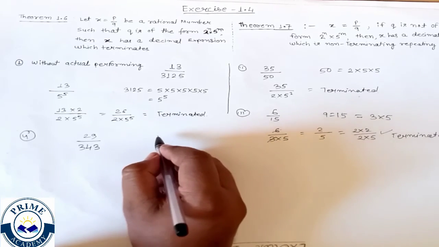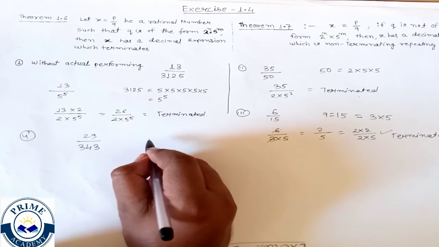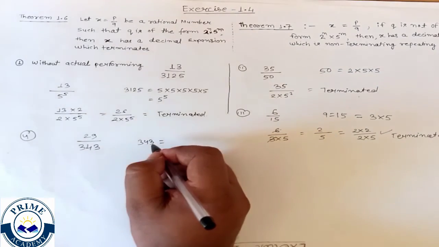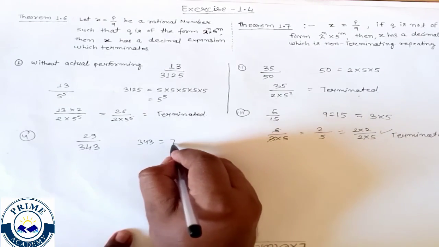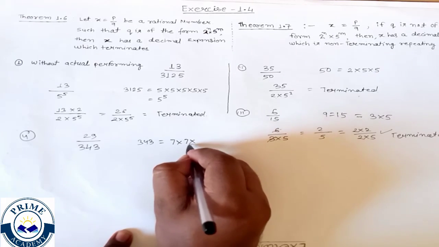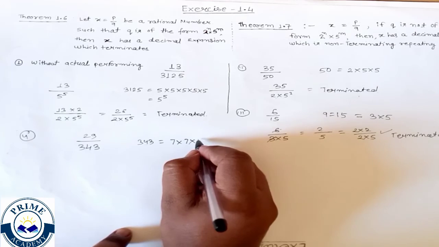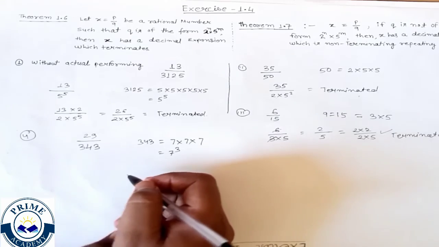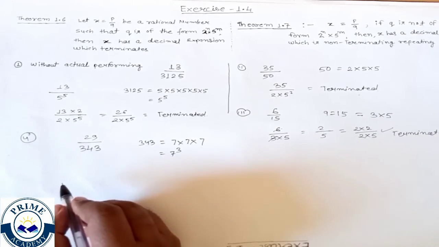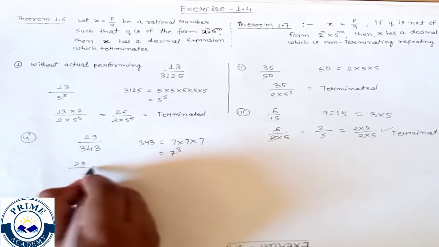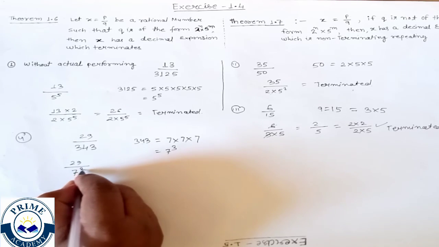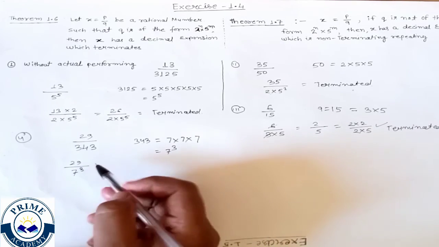First of all, you factorize 343. The factorization of 343 is 7 into 7 into 7, so this is 7 to the power 3. So 29 upon 7 cubed.